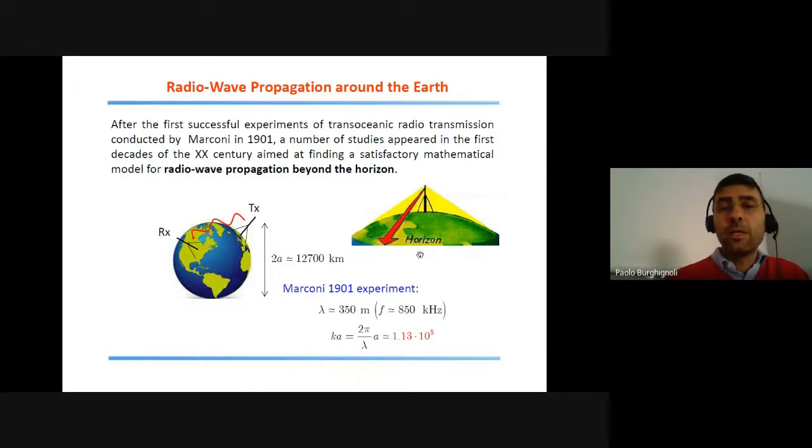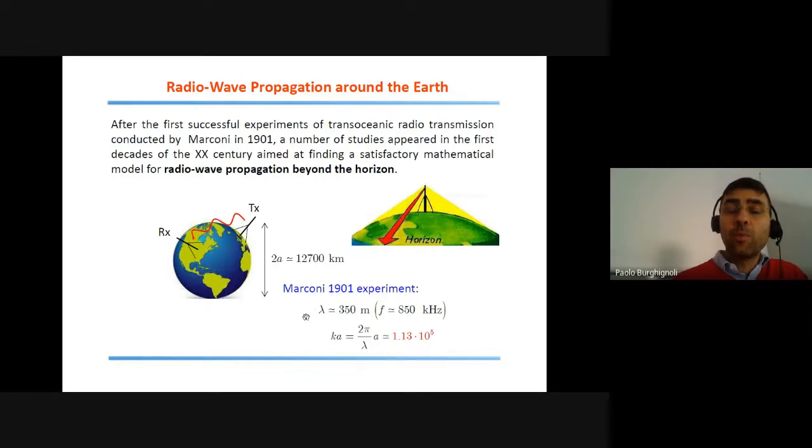In particular, in his experiment of 1901, he was able to communicate between 2 points which were not in line of sight distance, considering that the sphere that may represent our planet, the Earth, has a diameter of the order of 12,000 kilometers, or more than that, actually.